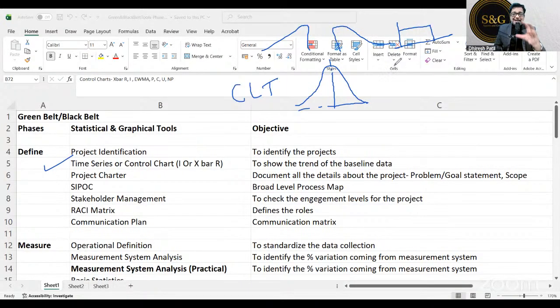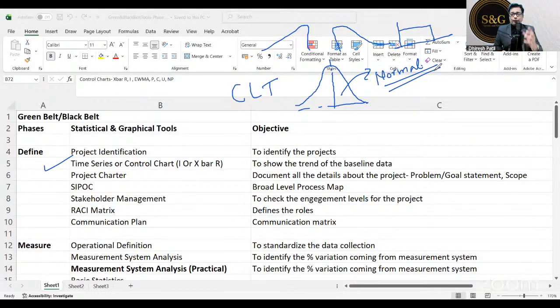Whatever statistical calculations we do in Lean Six Sigma, the underlying assumption is that the data is normally distributed. To achieve that normality, we should get minimum 30 data points.